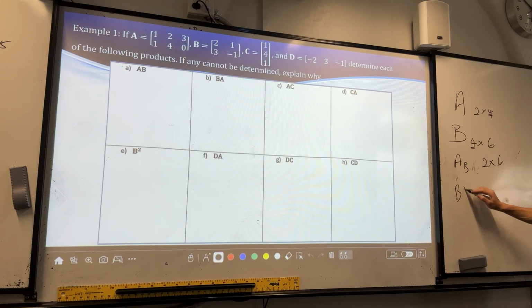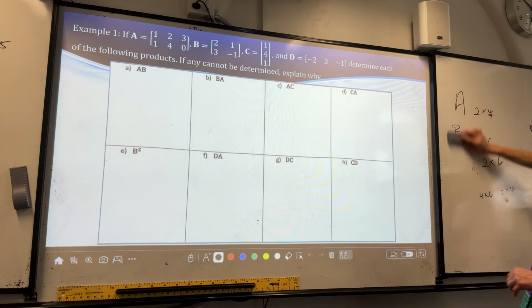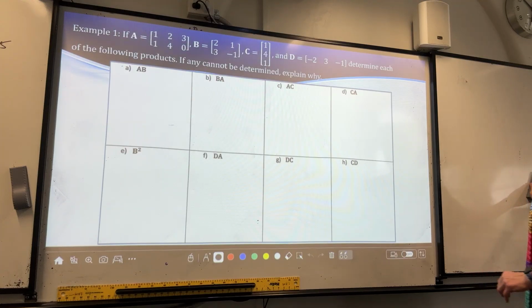Whereas BA cannot work because B is 4 by 6 and A is 2 by 4, so you cannot multiply that. You have to be very careful with your dimensions. Alright, one more minute, then I'm going to review my answers.